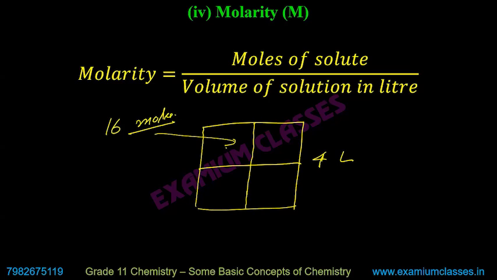So 4 liters, every part will be of 1 liter, 1 liter, 1 liter, 1 liter. And every part will have 4 moles, 4 moles, 4 moles, 4 moles, total 16 moles. It means molarity will be 4 because in 1 liter, there are 4 moles of that particular compound. Any confusion? Let me know if there is any confusion.